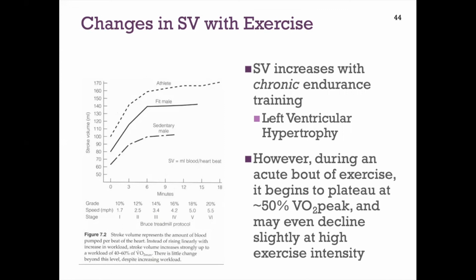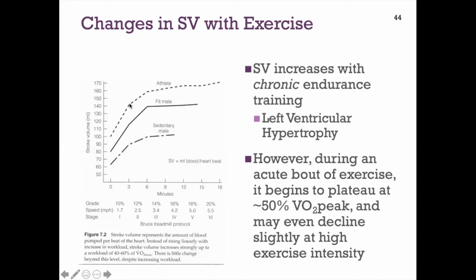So during an acute bout of exercise, we will start to plateau our increases in stroke volume right around 50% of our VO2 max or our VO2 peak, that highest amount of oxygen consumption that we can have. And it can actually even start to drop a little bit sometimes when we're at extreme intense exercise, but usually just plateaus.